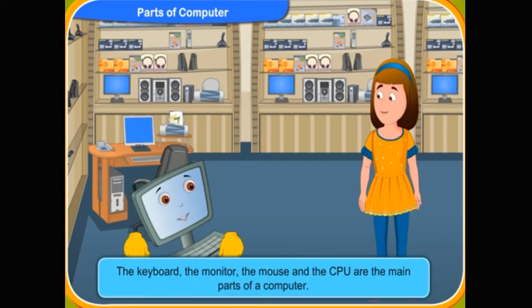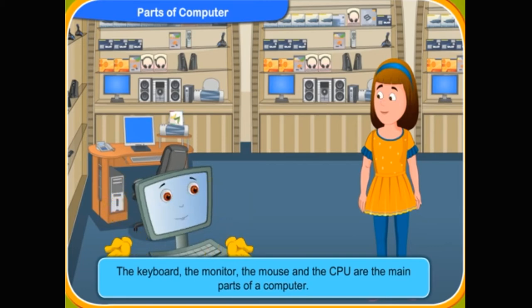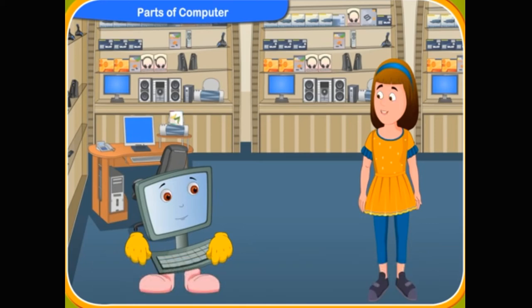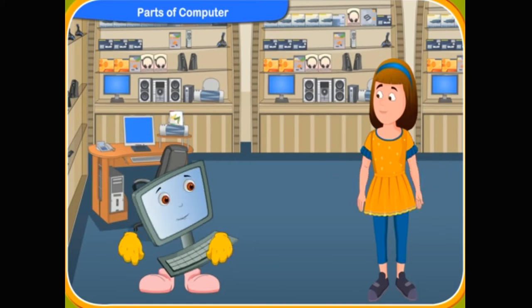Actually, the keyboard, the monitor, the mouse and the CPU are the main parts of a computer. These equipments you see on the shelves are some other parts of a computer. Oh, really? Can you tell me what these parts are used for? Sure, Rennie. But first, do you remember the functions of the main parts of a computer?